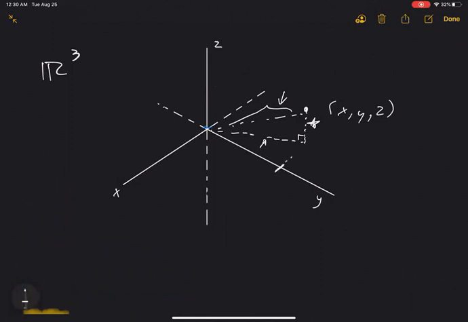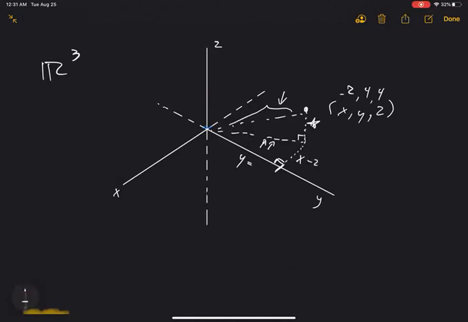Now I can have a triangle in this plane, which is the xy plane. Well, this is the hypotenuse of the triangle whose distance in this direction is the y coordinate. The distance going this way is my x coordinate. So maybe this is like the point negative 2, 4, 4, something like that. So this y coordinate would be 4, this x coordinate would be negative 2.